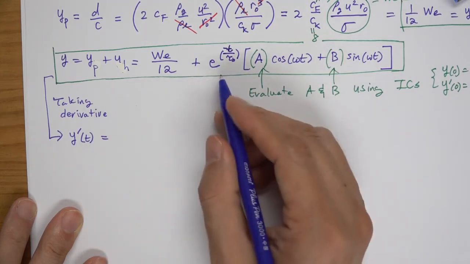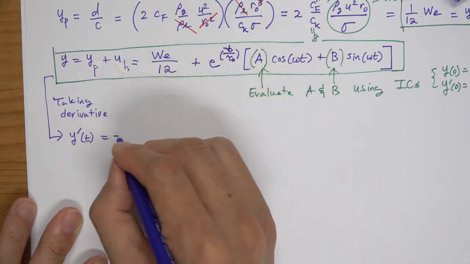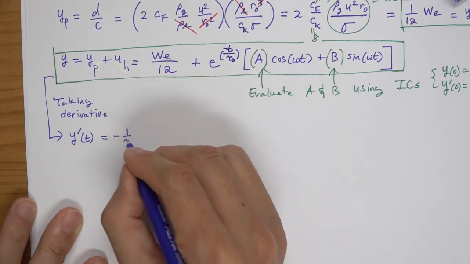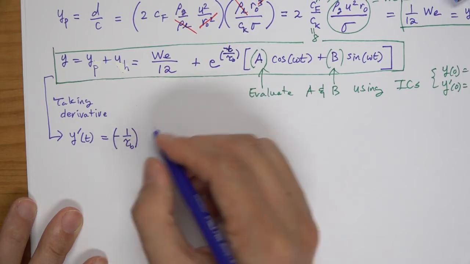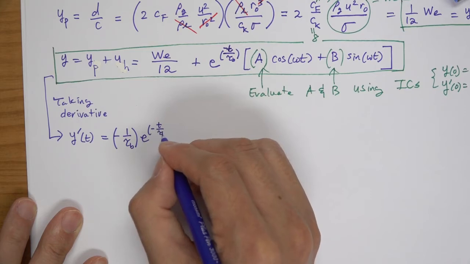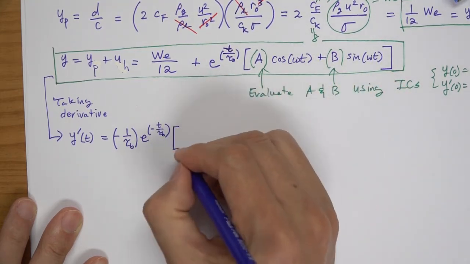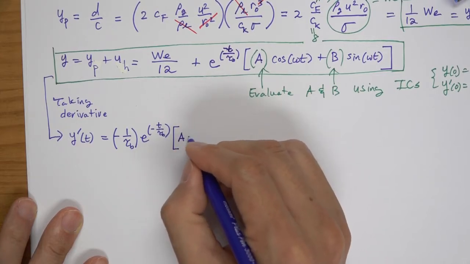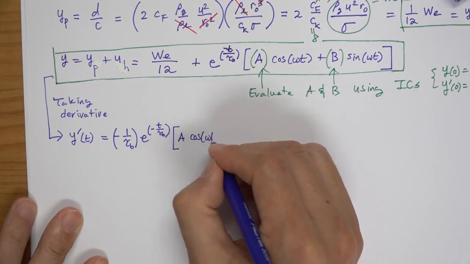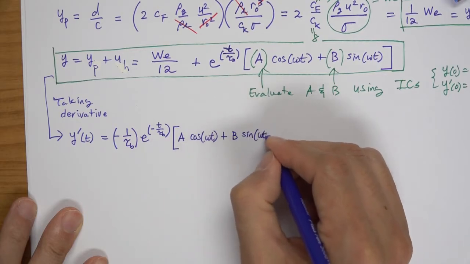The derivative of this is minus 1 over tau b, and then exponential minus t over tau b, and then just multiply by a cosine omega t plus b sine omega t.